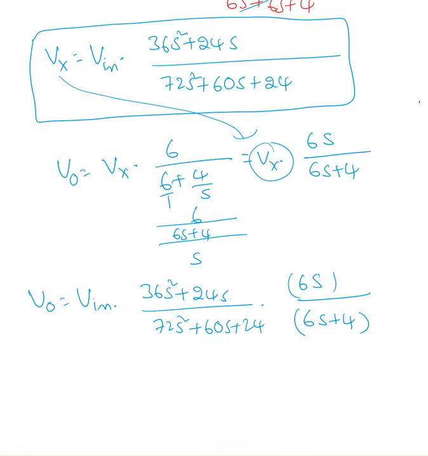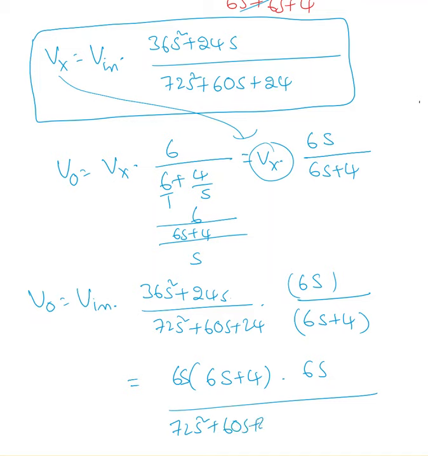Now here in the numerator, see if I can pull out the 6s plus 4. If I pull out 6s, isn't it 6s plus 4? 36s square plus 24s, yes. And I have another 6s over 72s square plus 60s plus 24 times 6s plus 4. Now I can cancel out these two.